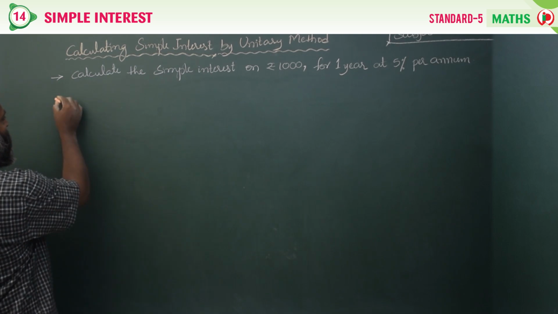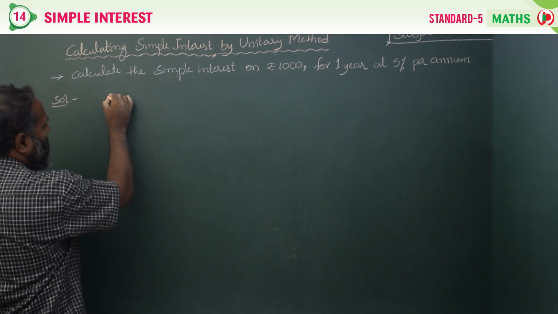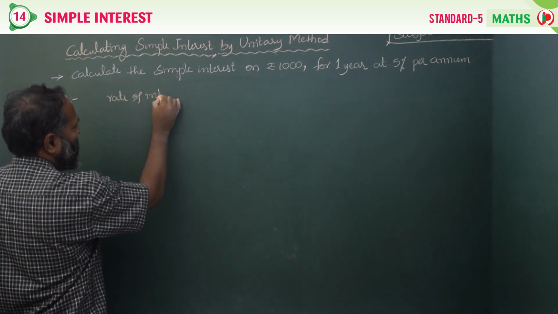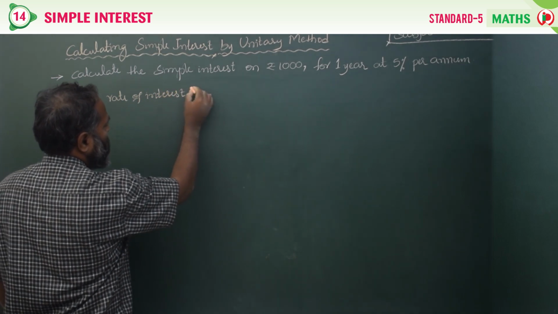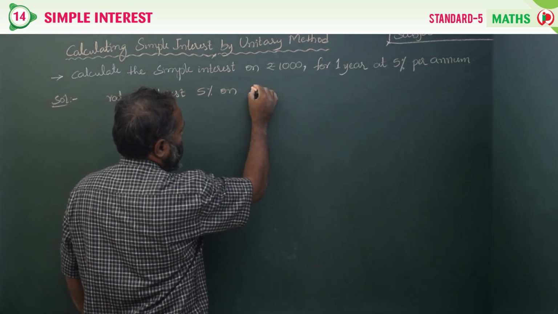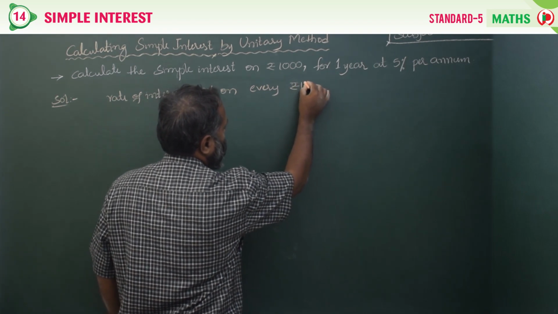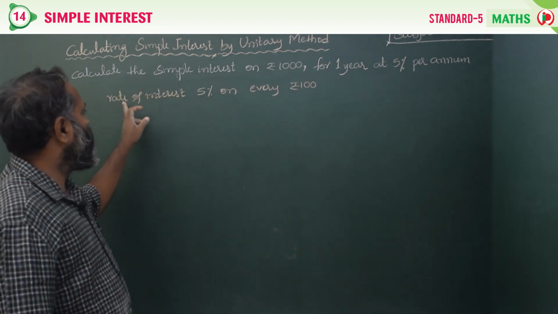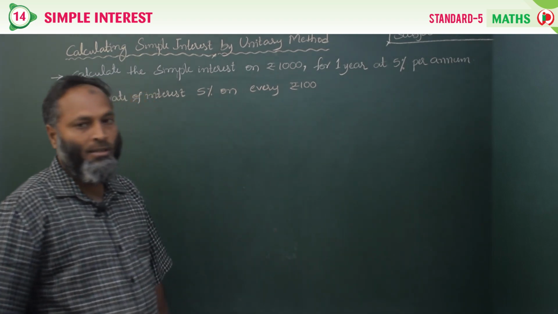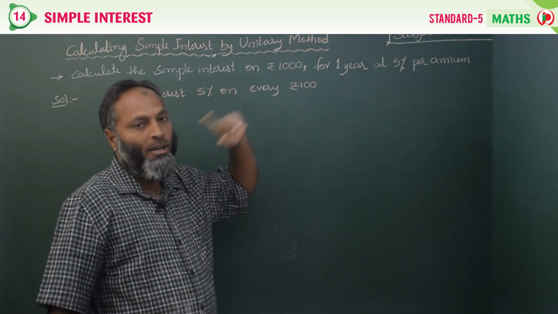It means, in the solution, the rate of interest is 5% on every 100 rupees. So, we should pay 5% on every 100 rupees.